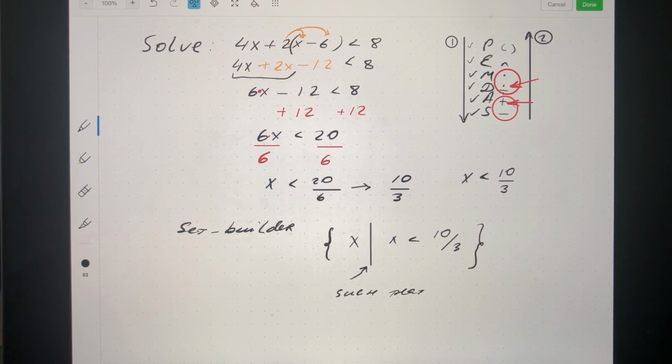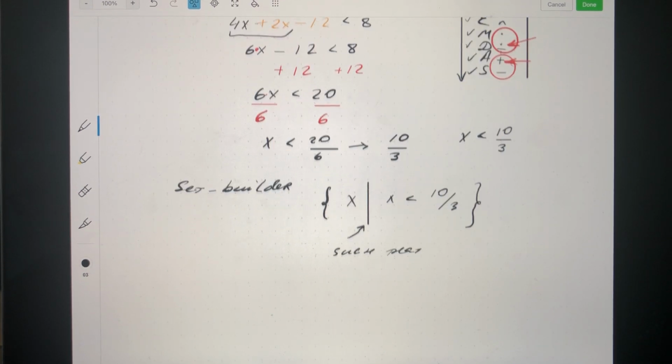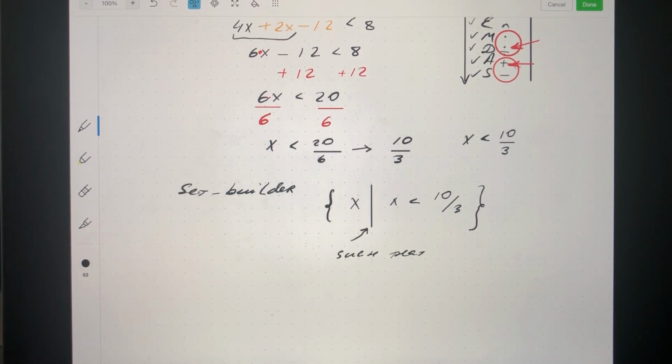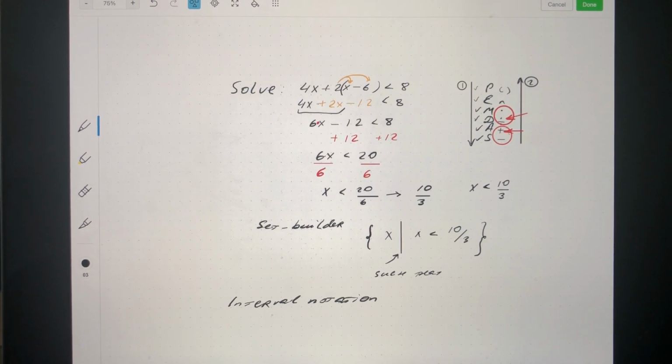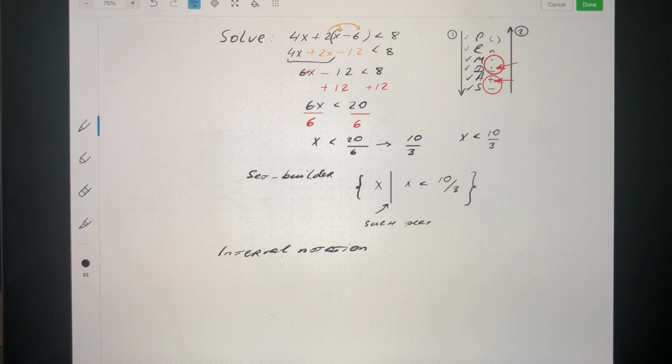Now, in interval notation, if we are asked to use interval notation, then we have to draw the interval where the solutions begin and where it ends. So interval notation. Personally, I am a visual learner, so I prefer to make a diagram.